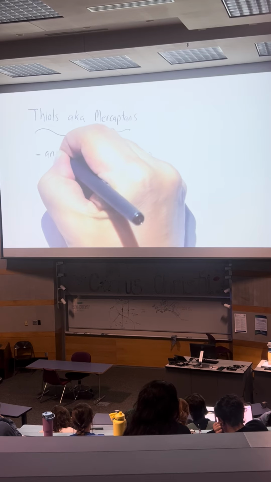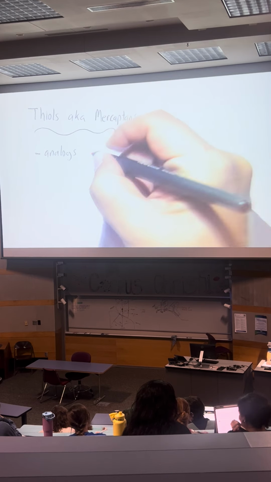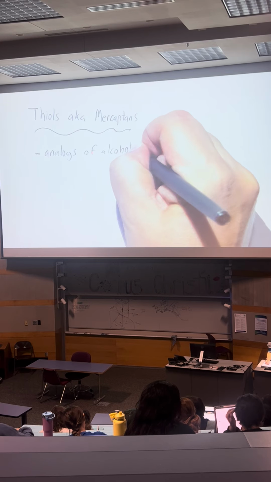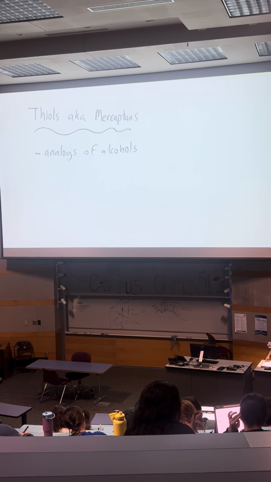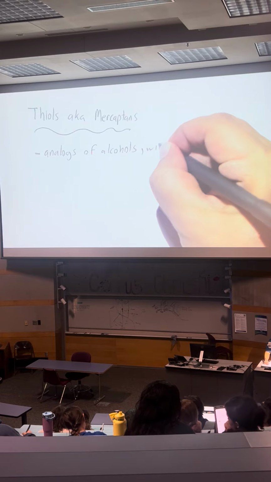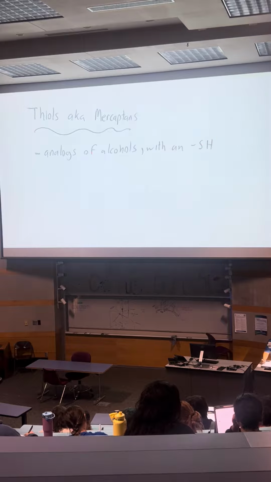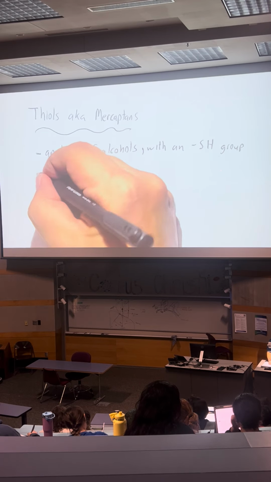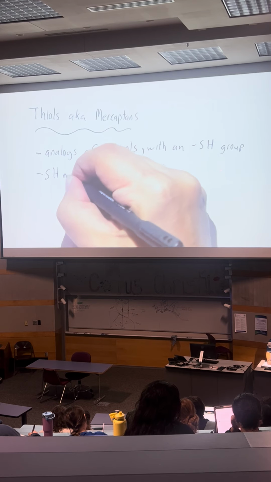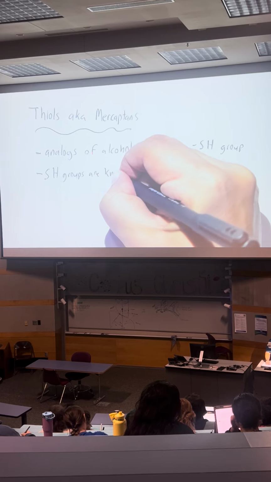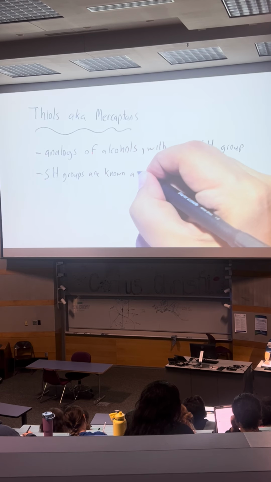So we'll talk a little bit about some of those molecules, but they're basically analogs of alcohols, which makes this topic even more interesting to me. The only difference, as I pointed out, instead of an OH, it's an SH group. Now, these SH groups are known as mercaptans.